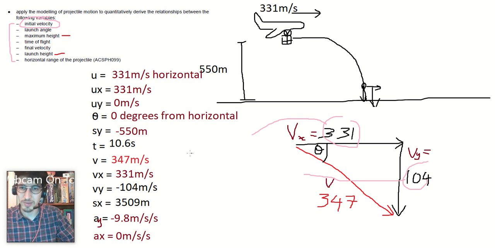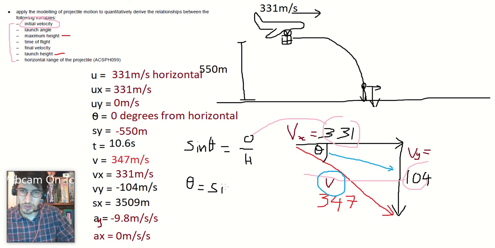So let's just use sine. That's going to be sine theta equals opposite over hypotenuse. In this case, opposite is the side opposite to theta, which is 104, which is Vy. The hypotenuse is V, 347. So rearranging, theta equals sine to the minus 1, or inverse sine, of opposite, 331.